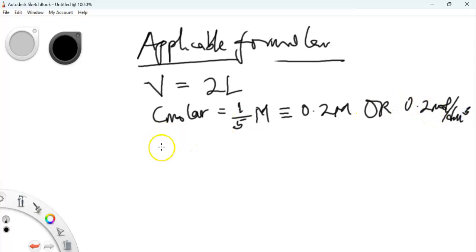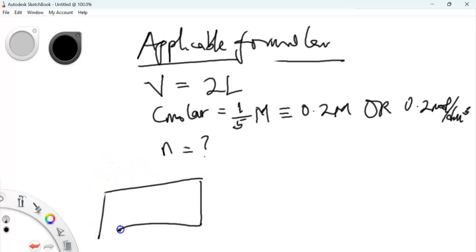Then number of moles is what you are looking for. The applicable formula should be N is equal to C molar times V.